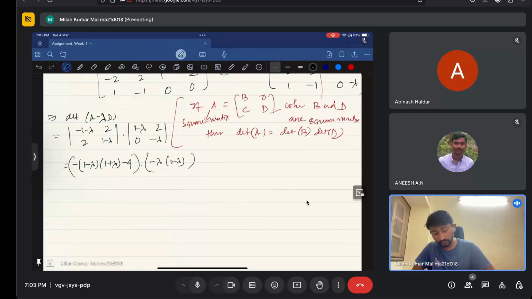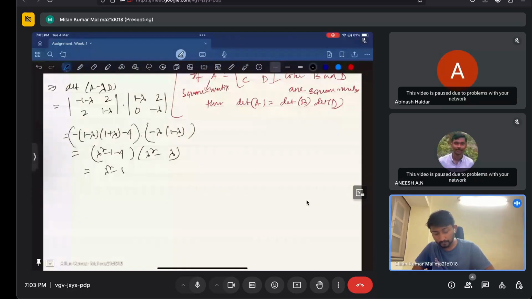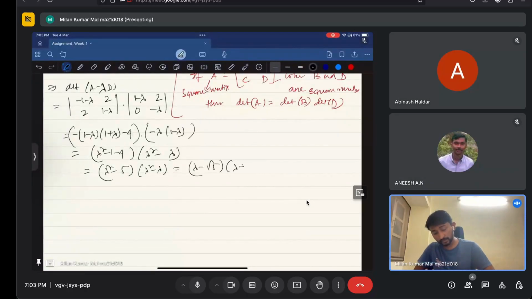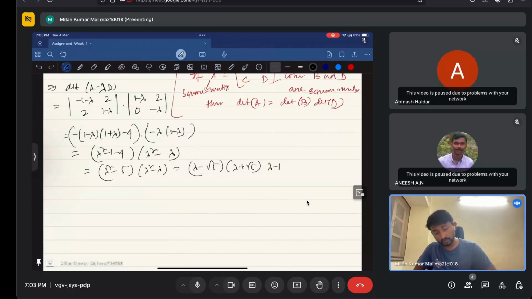So one can write lambda square minus 1 minus 4, and lambda square minus lambda. So lambda square minus 5, and lambda square minus lambda, which factorizes as lambda minus 1 times lambda.